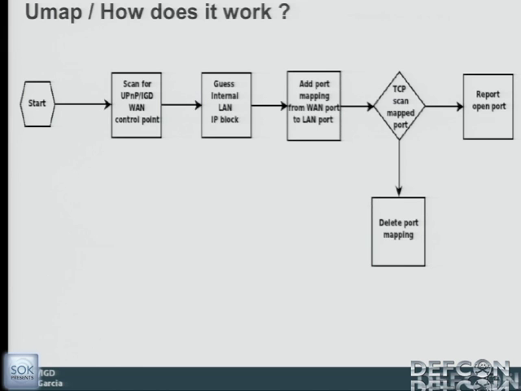Let's say if I want to scan port 21 of all the hosts on the inside of the LAN, it starts adding port mappings for 10.0.0.1 and 21, and then tries to map it to an external port. And then the program tries to check if that port is open in the external port on the WAN IP. If it's open, obviously you can establish a connection to the internal host and the internal services. And also, it does the deletion of the port mapping.